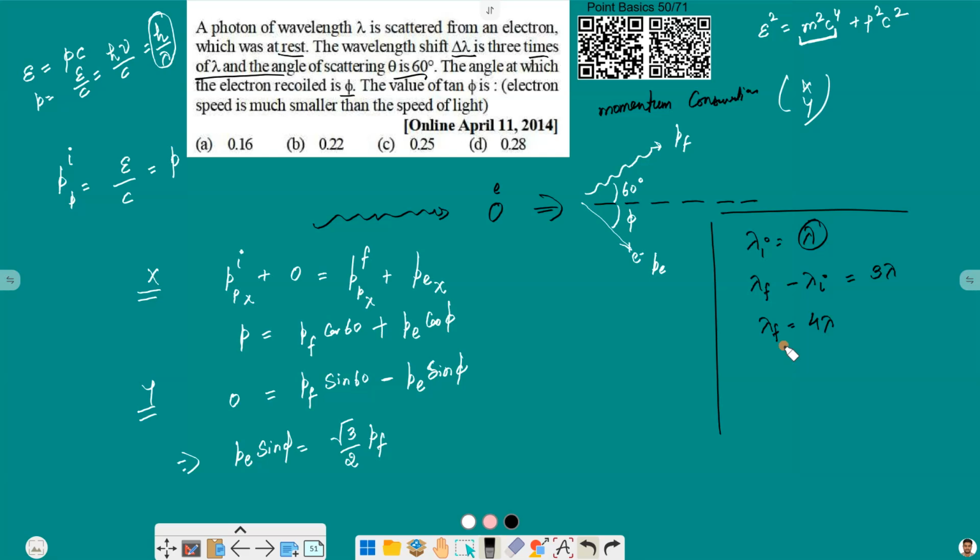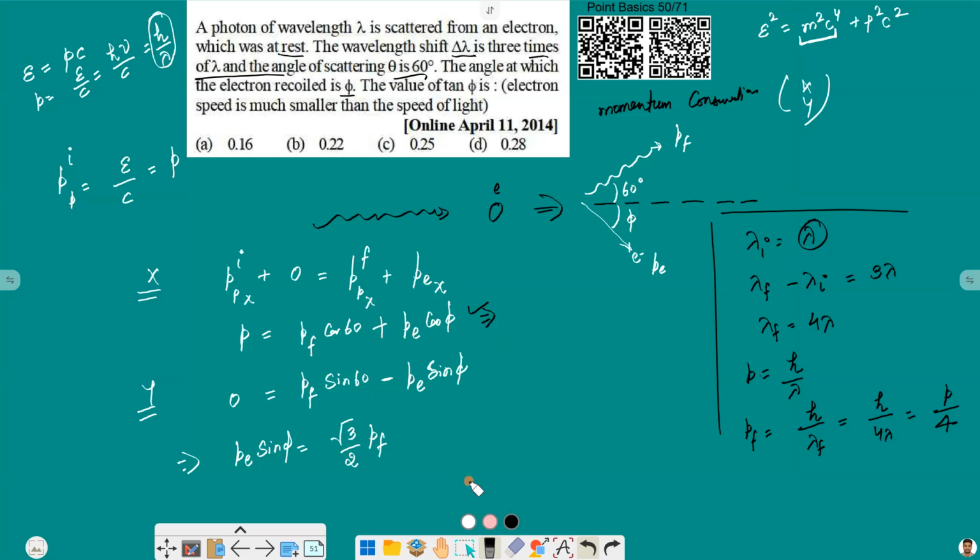Now what can we do? We can use this lambda to calculate the momentum. The initial momentum, that was P, was h by lambda for the photon. For the photon, the final momentum will be h by lambda final, and lambda final is 4 lambda. So h by 4 lambda, and this comes out to be P by 4. We can use it here.